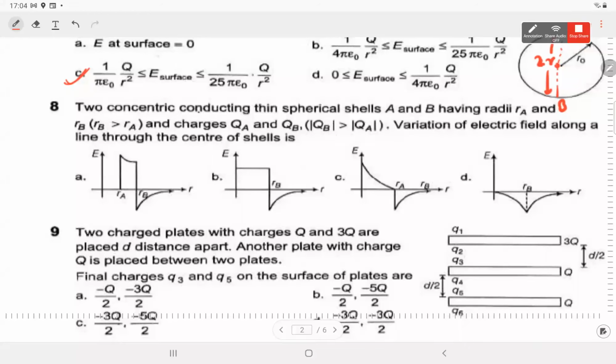That information is missing here, that QB is negative, but the magnitude of QB is greater than QA.